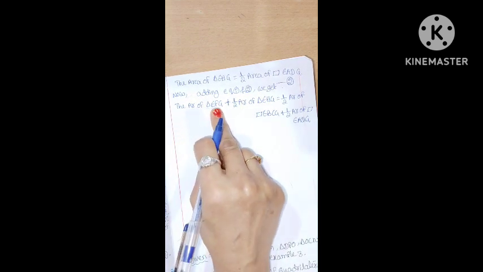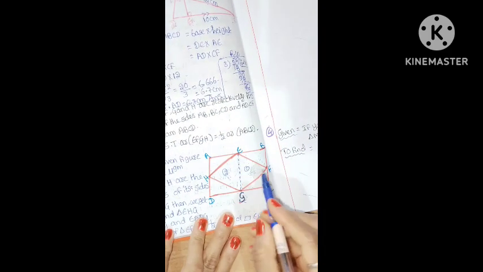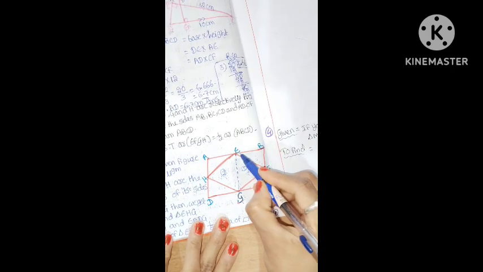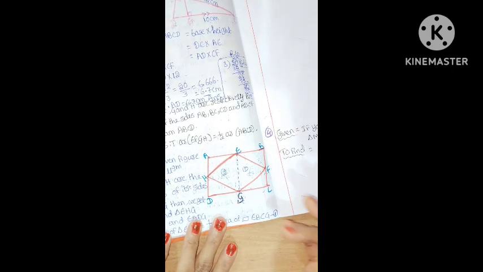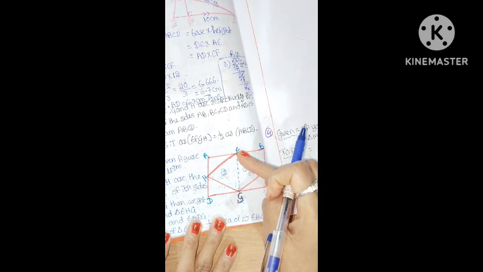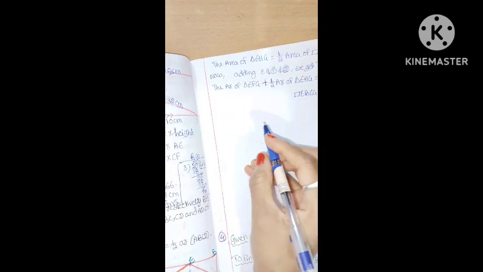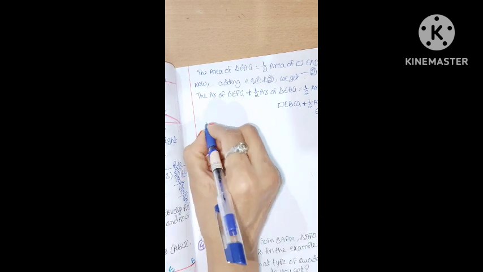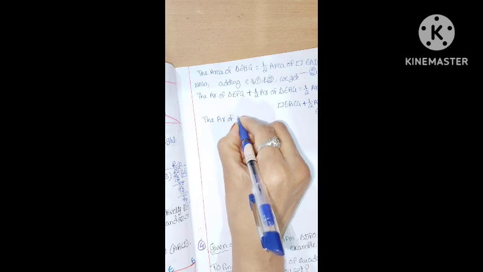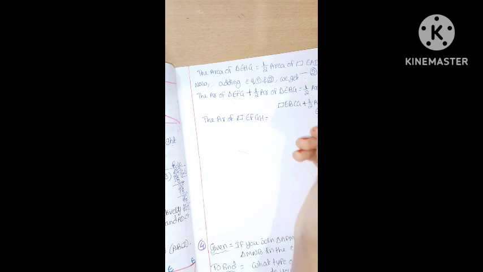So the area of triangle EFG plus the area of triangle EHG, the sum of these two triangles, what do we get? We get the area of EFGH. The area of EFG plus the area of EHG is this part's area only. So the sum of these two triangles' areas gives the area of parallelogram EFGH.